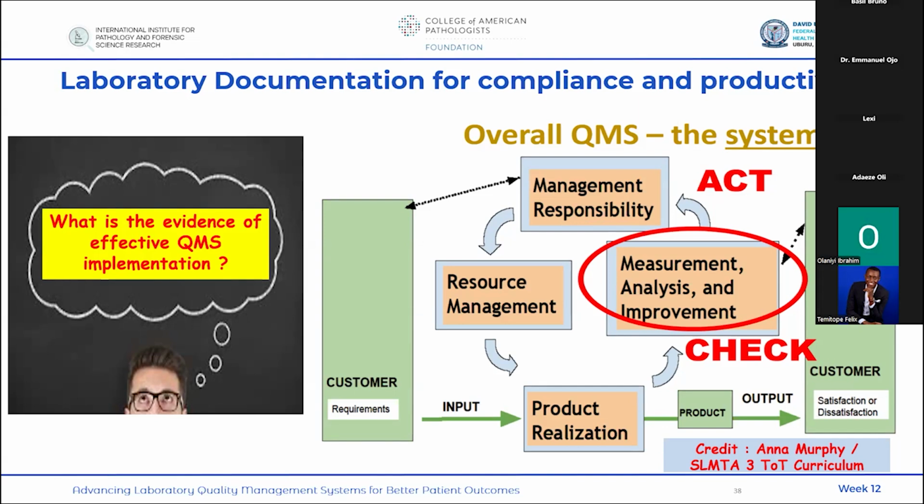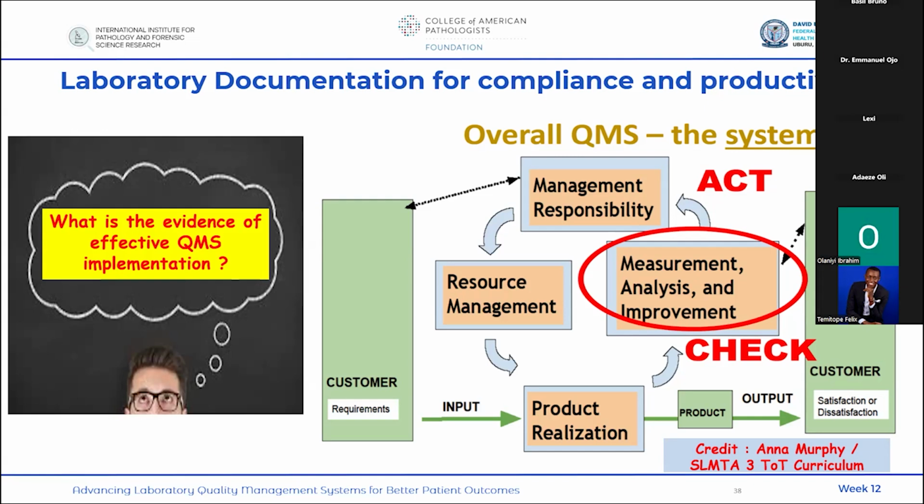And I got this particular one from the SLMTA 3 TOT curriculum. So this particular cycle is what we call the bonnet model of QMS implementation. And this is looking at it at system level. So it categorizes everything that has to be done under management responsibility, resource management, product realization, and then the last one is under measurement, analysis, and improvement.